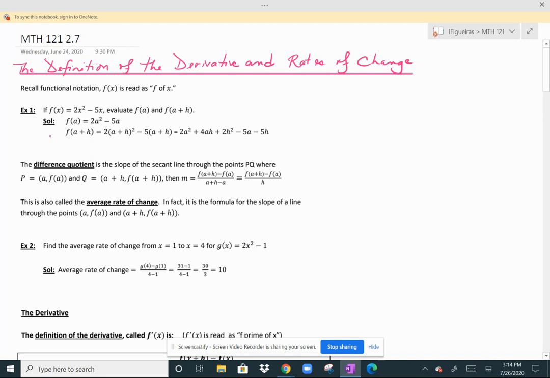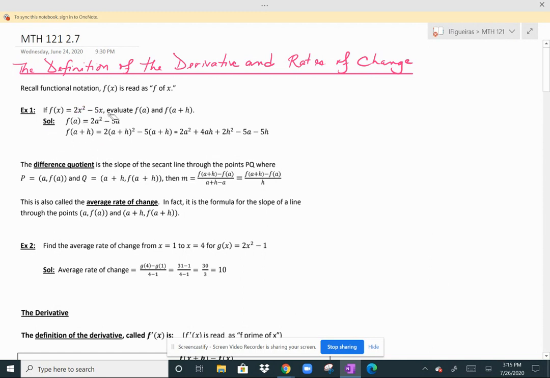Now let's look at what happens when I substitute f of a plus h. So that means everywhere there's an x, which is in two places, you replace that with a plus h. And so you end up with this expression, 2 times a plus h squared minus 5 times a plus h. But you can expand these.